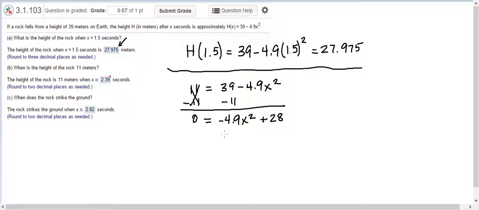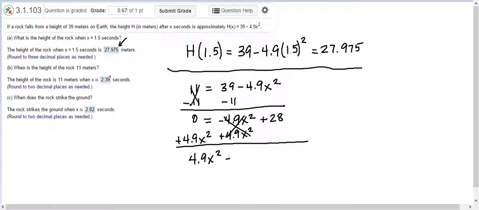Probably the easiest way, since we don't have an x term, is the square root method. So let me move the 4.9x squared back over here, and you'll see why. When you don't have the middle b term, as we call it, in a quadratic, and you just have a and c, then the square root method works really fast, as opposed to otherwise having to use the quadratic formula. I don't want to do that.